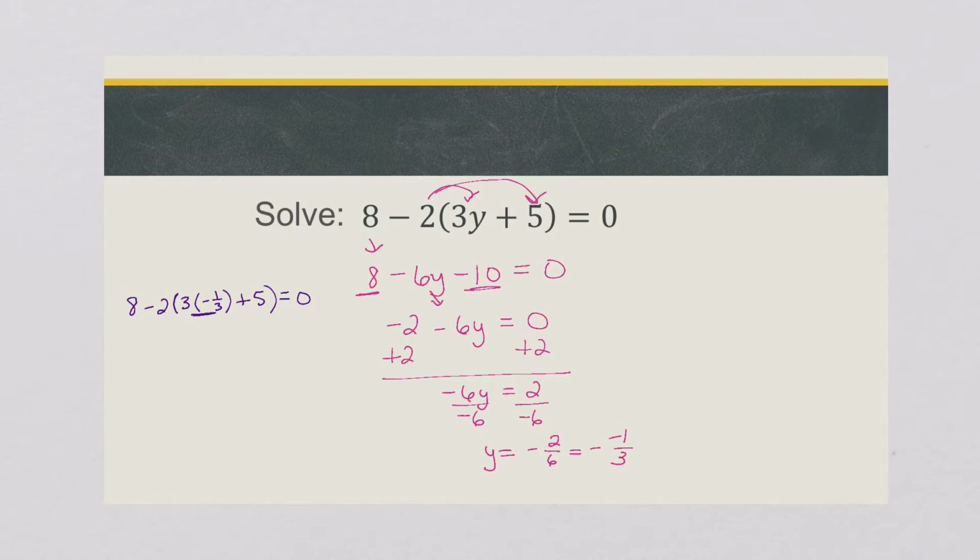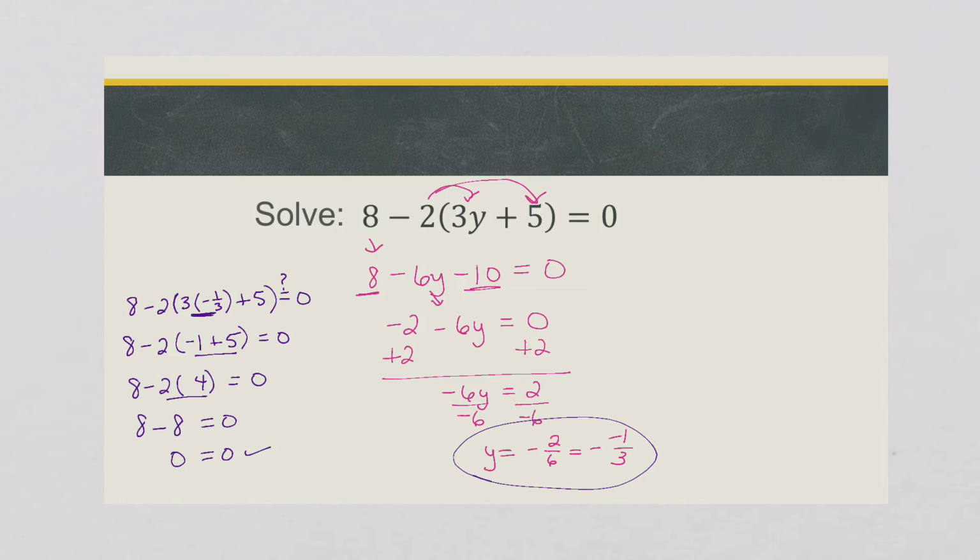So the first thing I want to do is this right here. 3 times negative 1/3 is negative 1. Now I need to combine that. Negative 1 plus 5 is 4. Now I want to multiply here, so 8 minus 8, and that is 0. So y does equal negative 1/3.